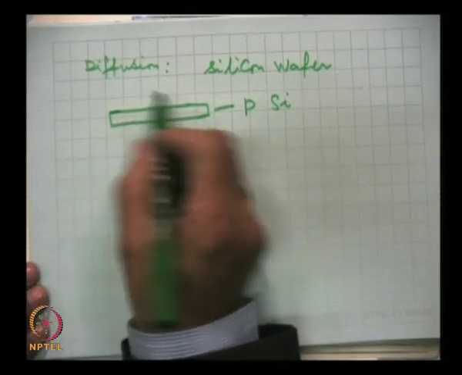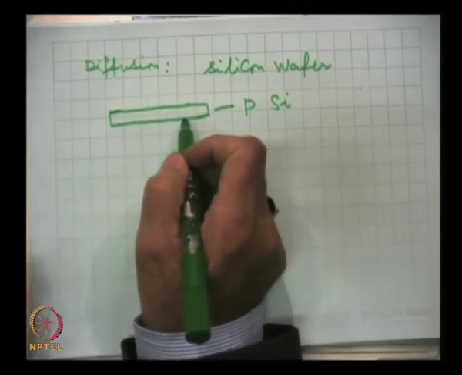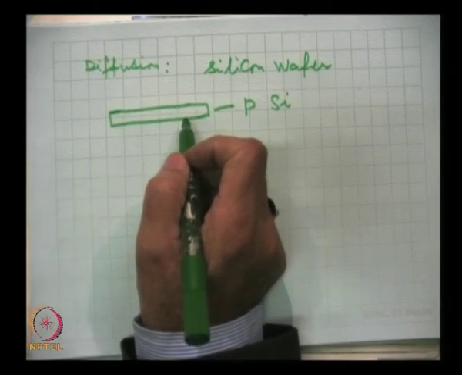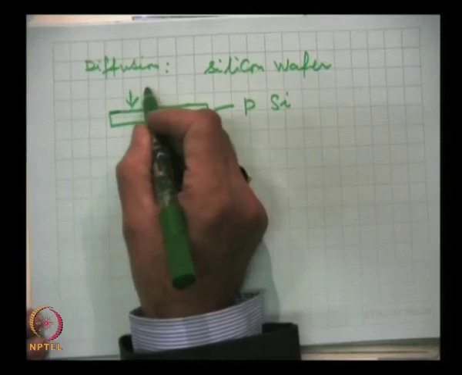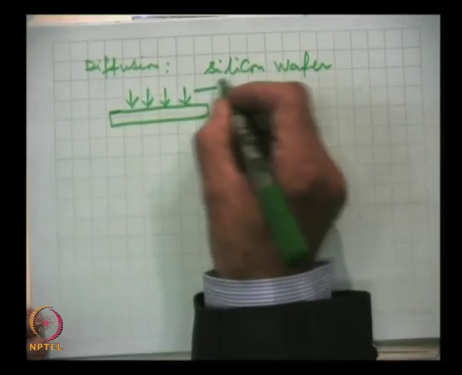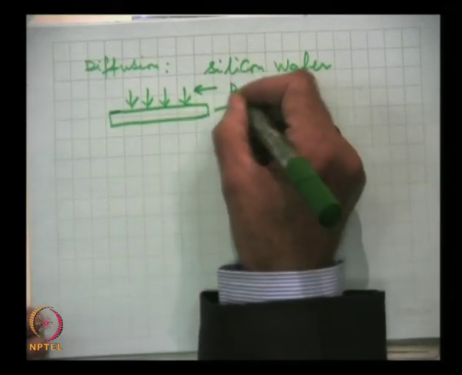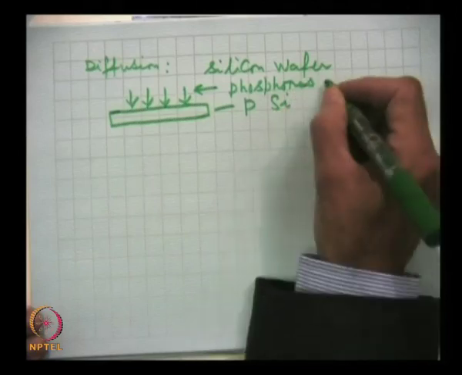Then this is put in a furnace, the temperature is raised to above 500 degrees, but much less than the melting point of silicon, and then this is exposed to pentavalent vapors. So, this may be for example phosphorus vapors.